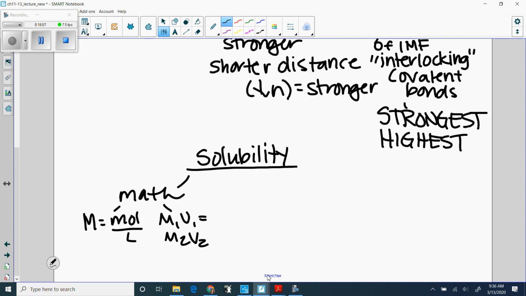Solubility is a synonym for dissolving, okay? We talked about it when we talked about Ksp. How do we know if something dissolves? Like dissolves like.